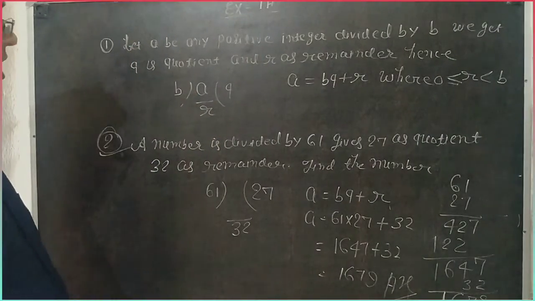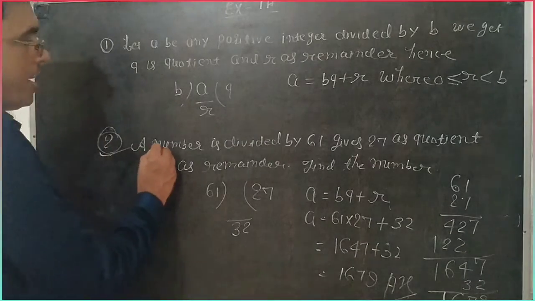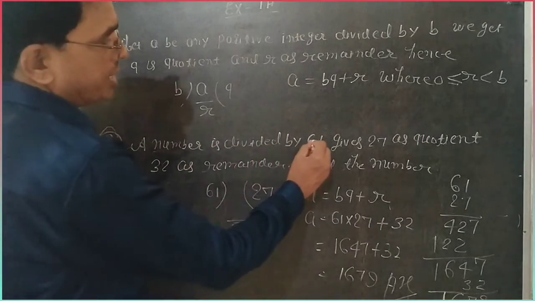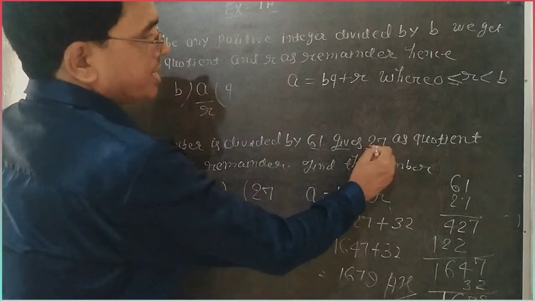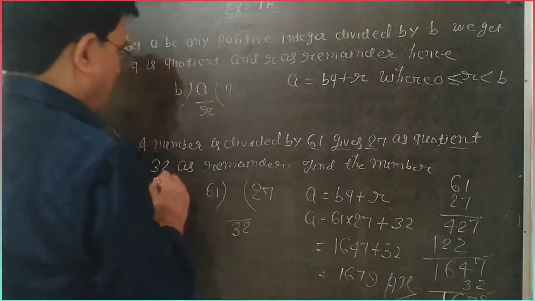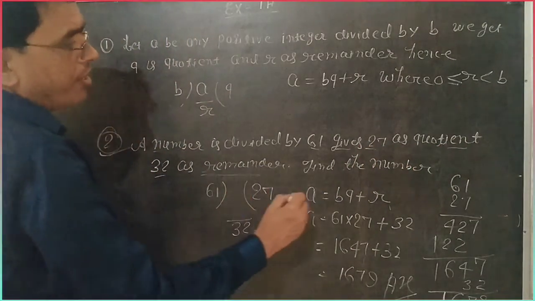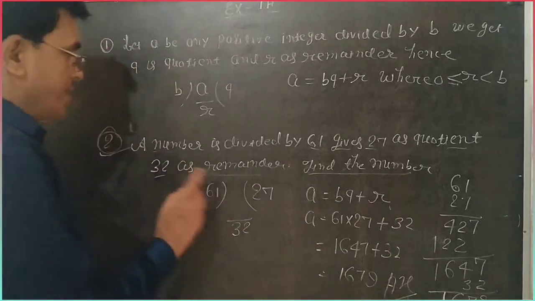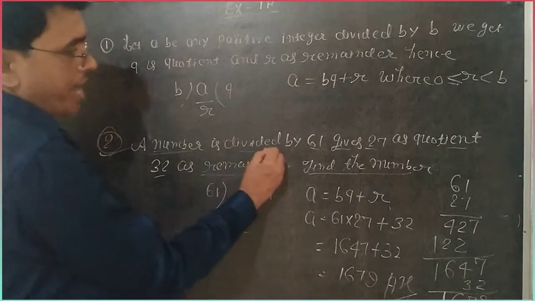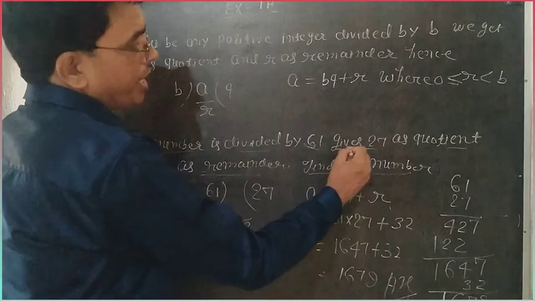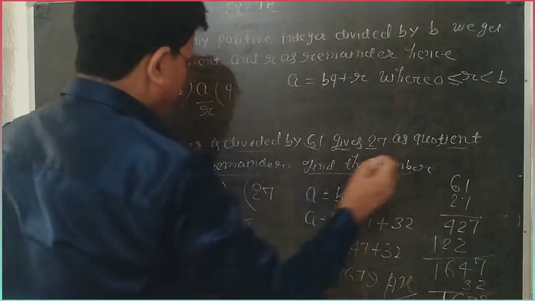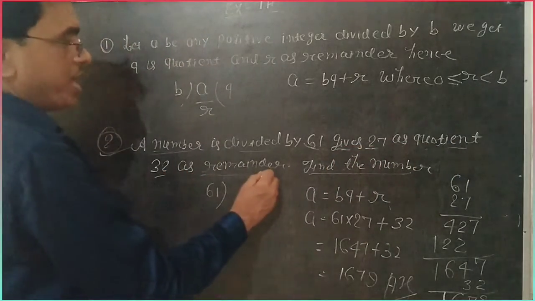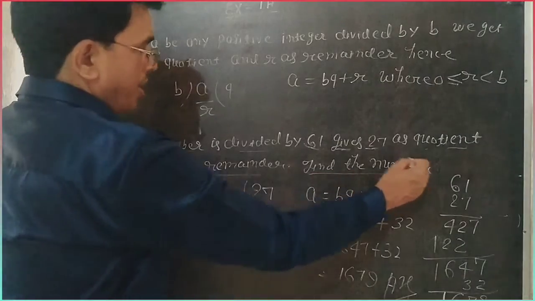Next question. A number is divided by 61 and gives 27 as quotient and 32 as remainder. Find the number.